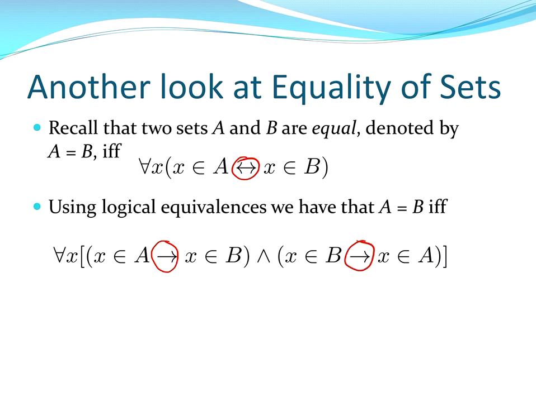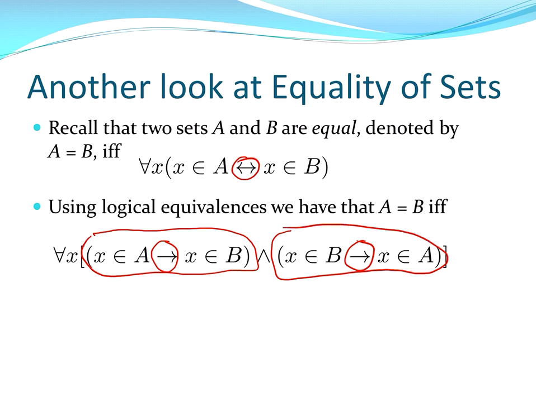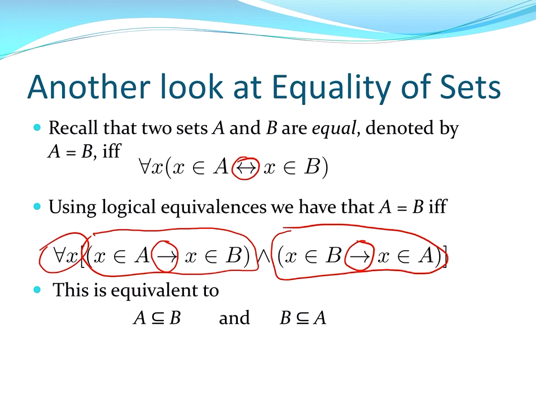These two statements under the for every x are the definitions of subsets. So it's equivalent to showing that A is a subset of B and B is a subset of A. So the way you prove A and B are equal is by showing that A is a subset of B and B is a subset of A.